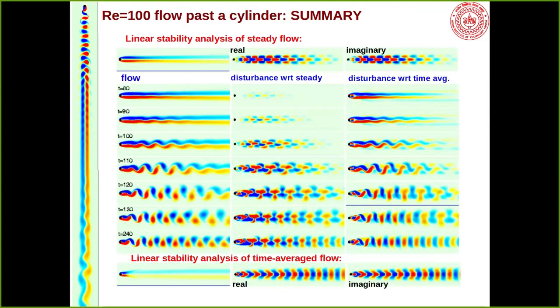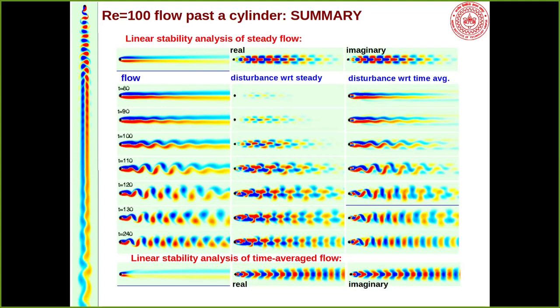So this is what is shown here: if you do linear stability analysis of a steady flow, that's the steady flow, these are the eigenmodes. If you do linear stability analysis of the time average flow, that's the time average flow, these are the eigenmodes. But if you do a DNS, I've already shown you this column. If you calculate the disturbance with respect to steady, you get this. This looks the same as these two, but then it evolves.